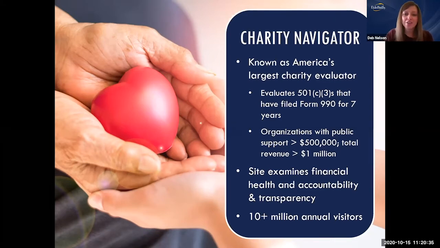The financial health evaluation is based solely on information provided in 990s, while the accountability and transparency information uses the 990 and also information posted on your website. So if you're interested in the specifics of what they use in each of those categories, you can go out to their website and they have very detailed information on their process for rating charities.